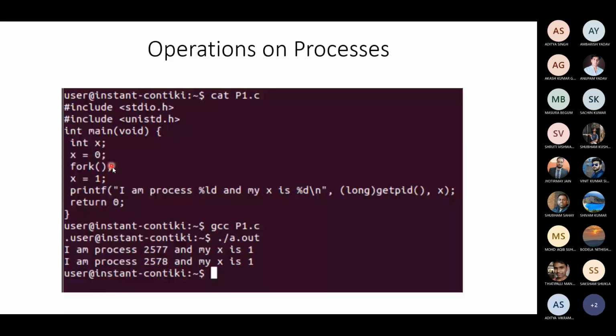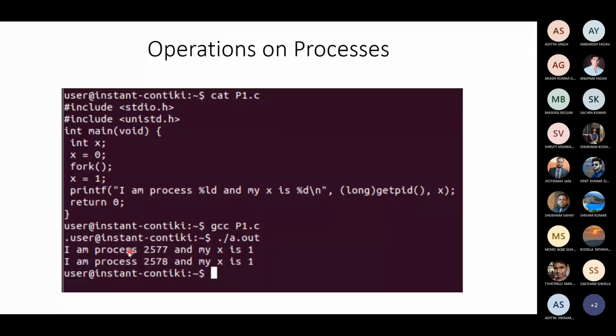Now, why I'm doing that is because when a fork is called, the parent process and the child process will both print something. So the parent process ID and the child process ID, when a fork is called, a process is created. Using fork, you can create a process. It's simply like duplicating the process.